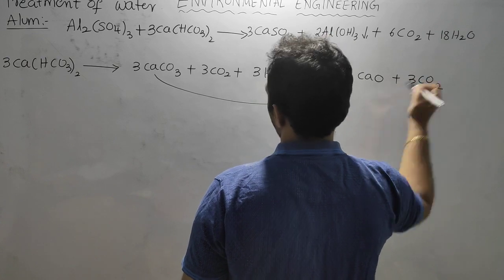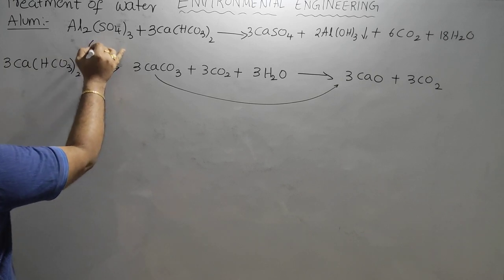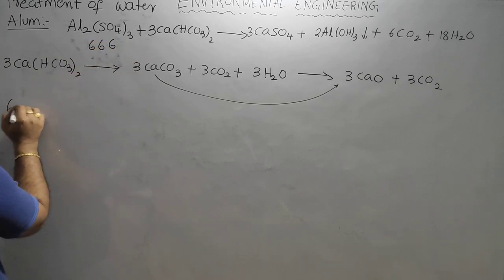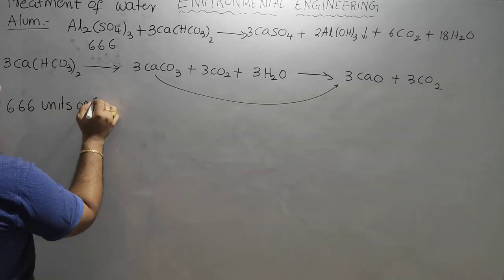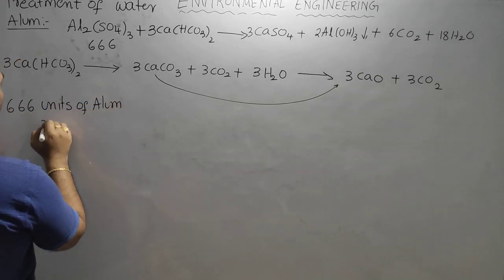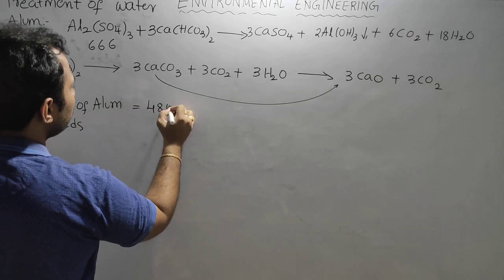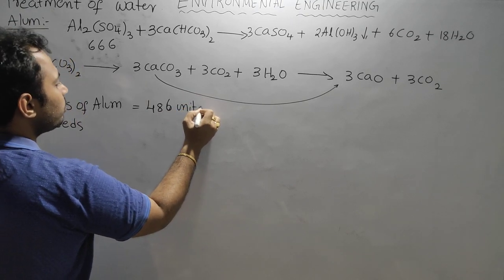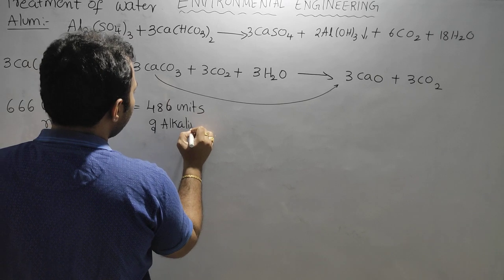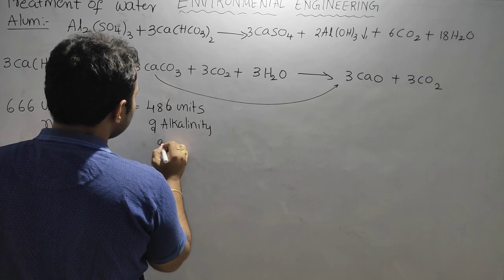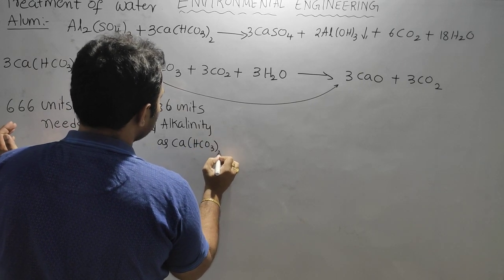So this is the reaction. So 666 units of alum needs 486 units of alkalinity as Ca(HCO3)2.